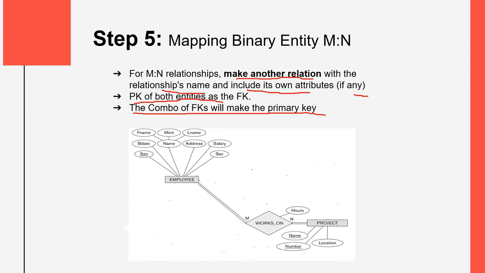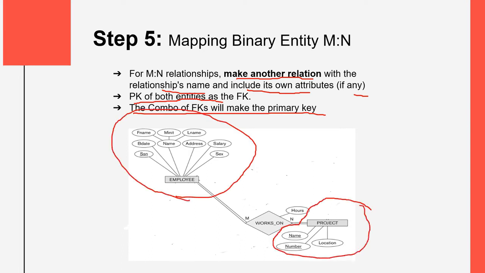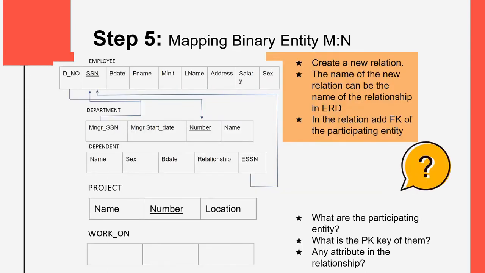The corresponding entities are employee and project. We already have the employee relation table with its attributes, so we have to create the project relation table with its attributes.